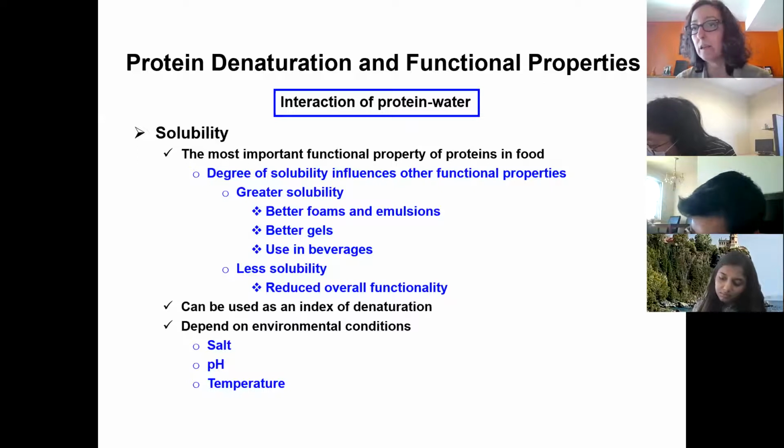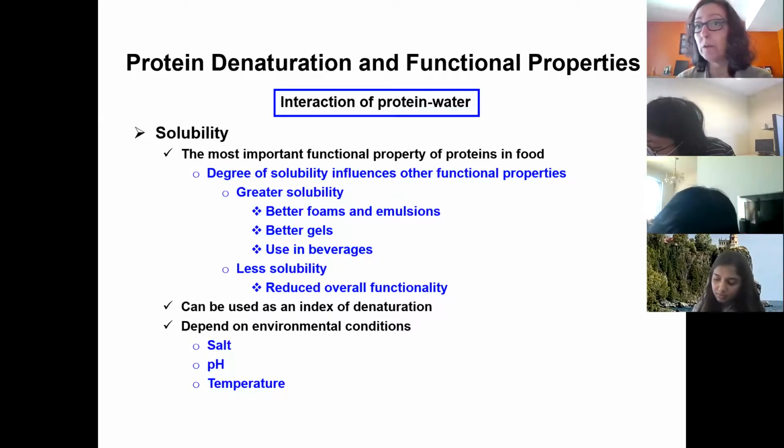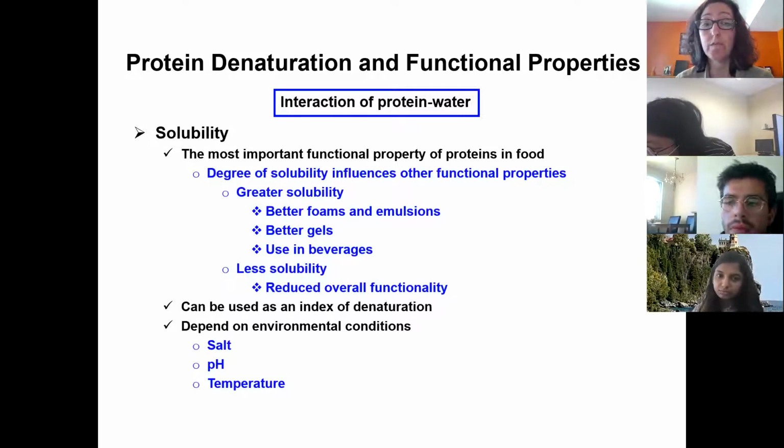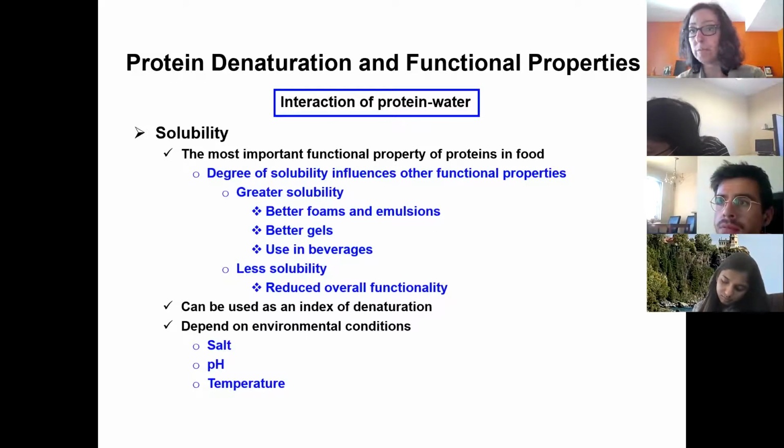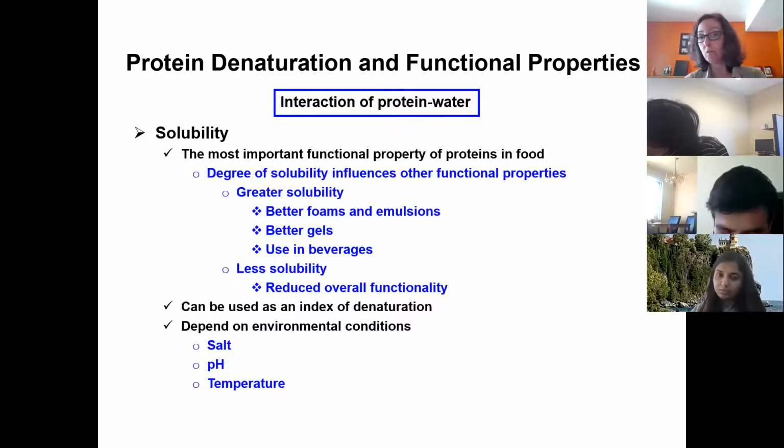It's going to aggregate rather than go to the interface and form a nice film around your oil or air droplet. So solubility is important, and it influences other functionality. With higher solubility, you get better gels, better foams, better emulsions, and you can use it for high protein beverages. With less solubility, there is less overall functionality.